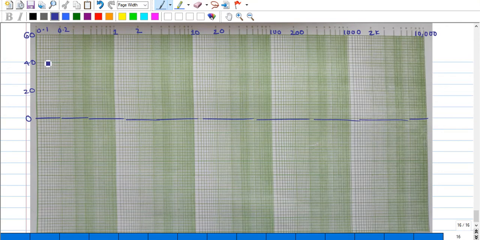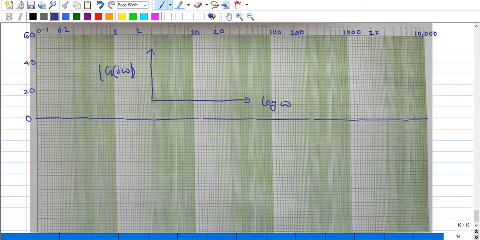Let me just show you the graph so that you may not forget. So we are plotting two graphs. Our y-axis will be the magnitude, sorry, this symbol is the angle, that is angle g of j omega. And what will be the x-axis? That is log omega.